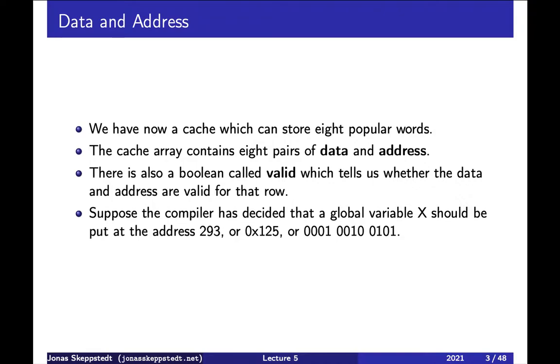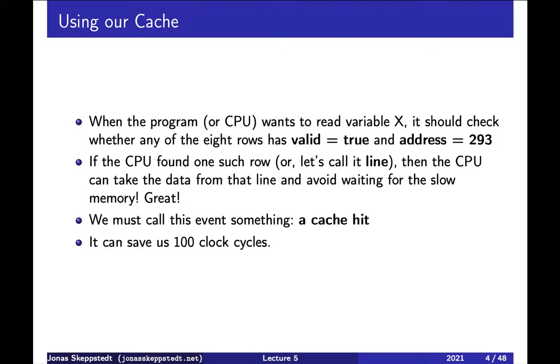But let's say that we are using a global variable, so that the compiler has decided it should have this address, for instance. To use the cache, we have to find this address and also that valid is true.